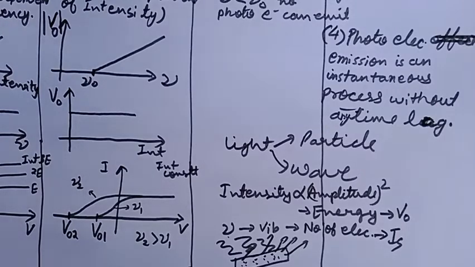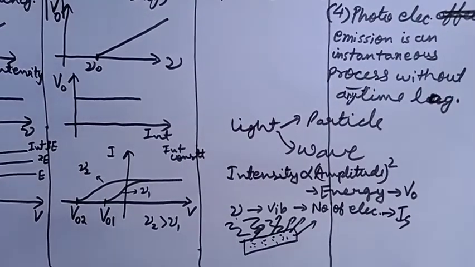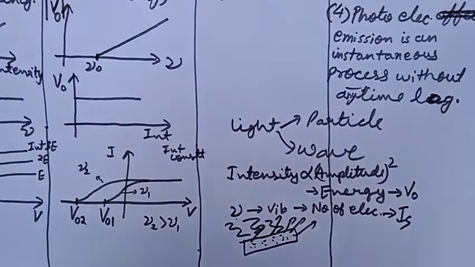That is why wave theory to explain the nature of light completely failed. And that is why the photoelectric effect experiment is included in this chapter, dual nature of radiation and matter. That is why a new theory was developed, that light behaves both as particle as well as wave.